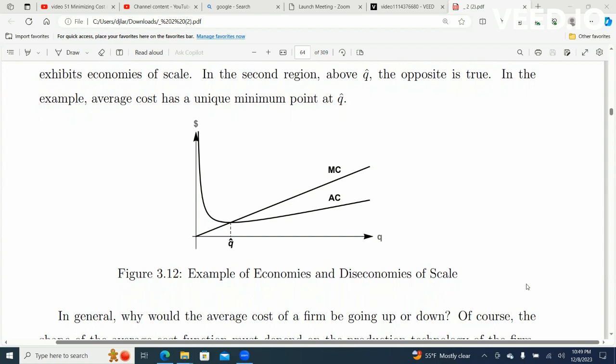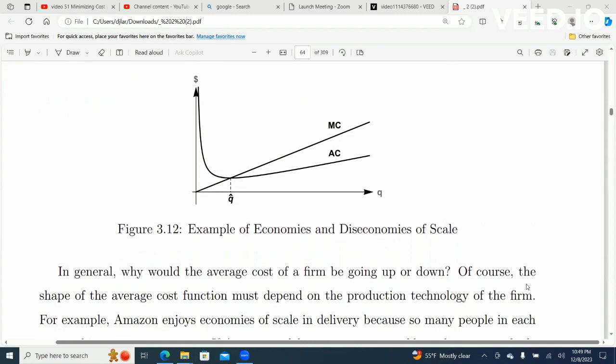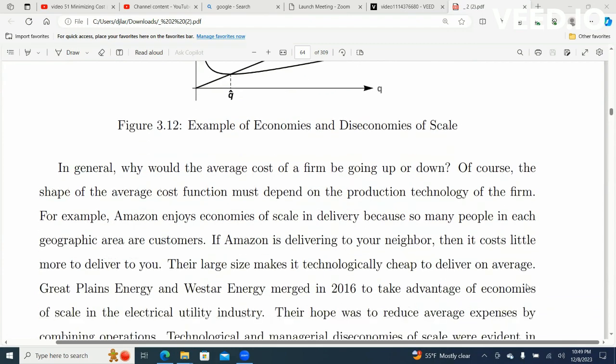In the example, average cost has a unique minimum point at Q hat. I don't think they describe it well enough. I'm just repeating myself, but to the left of Q hat, economies of scale, and to the right of Q hat is diseconomies of scale.